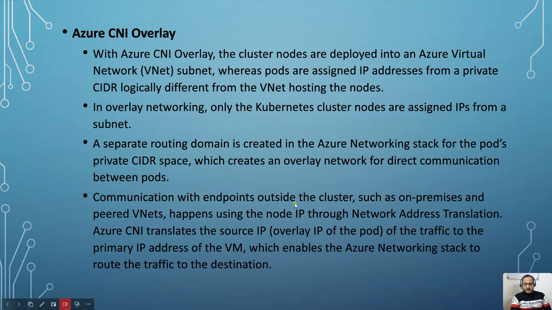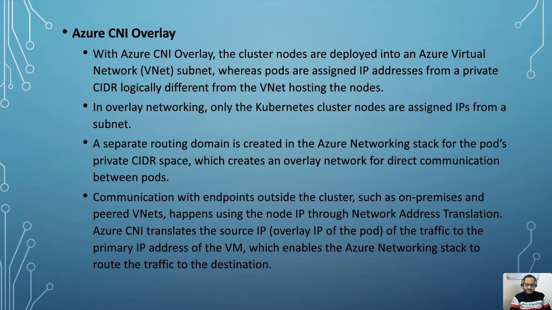Communication with endpoints outside the cluster, such as on-premises and peered VNets, happens using the node IP through network address translation. Azure CNI translates the source IP of the traffic to the primary address of the VM, which enables the Azure networking stack to route the traffic to the destination.